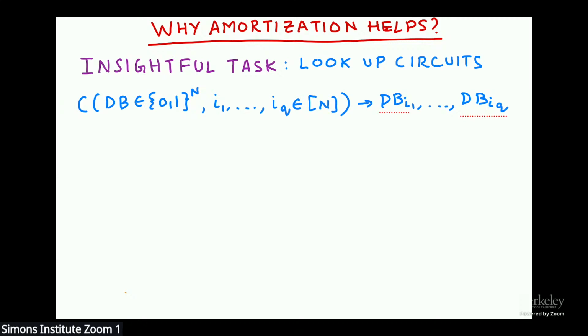Q log n. How? Even for one query, you've got to read everything, right? So it has to be at least n. And then it has to be at least q because you've got to process all the queries. I'm not sure about the log factors, but O tilde of n plus q.